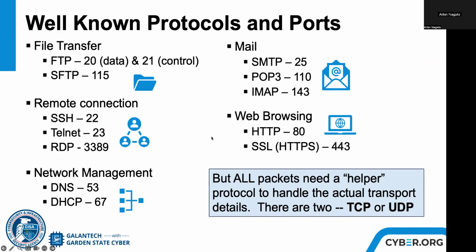Then you also might see some weird things happening over port 53. 53 is supposed to be DNS, right? So DNS is the service that connects domain names like code.org with an IP address like 17.21.45.2.